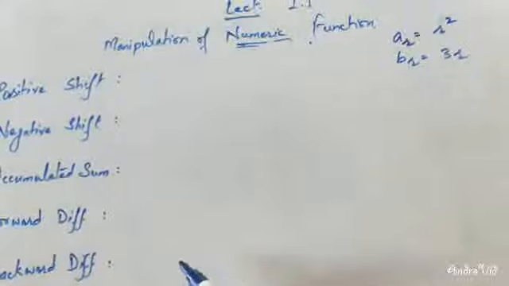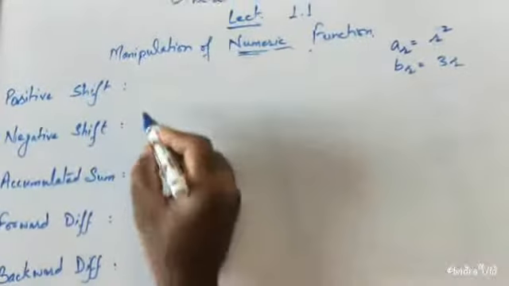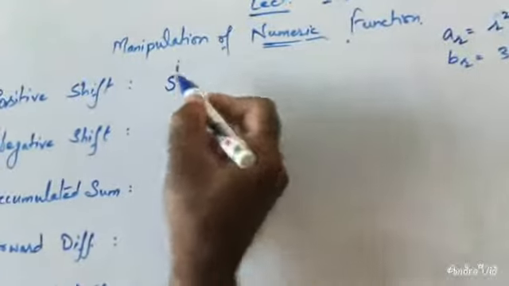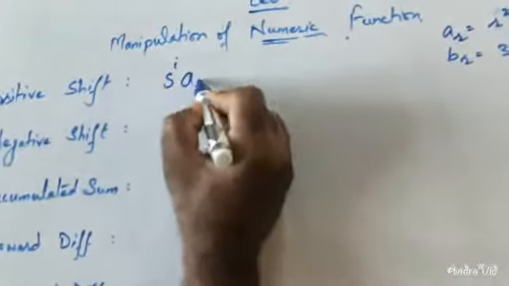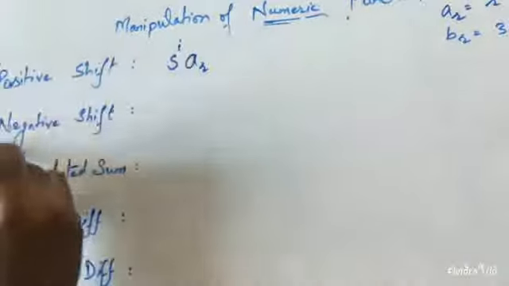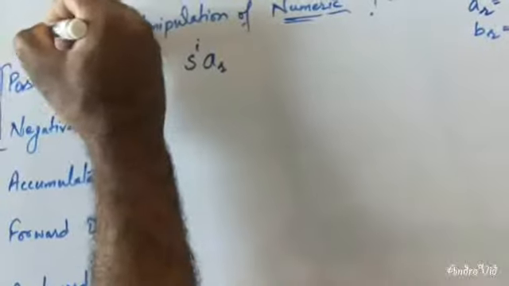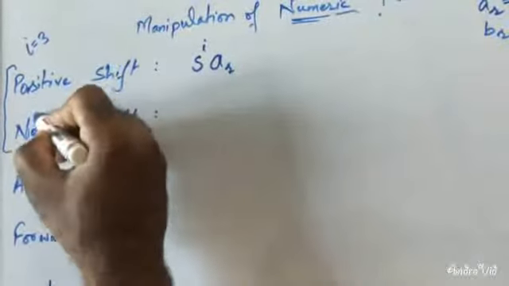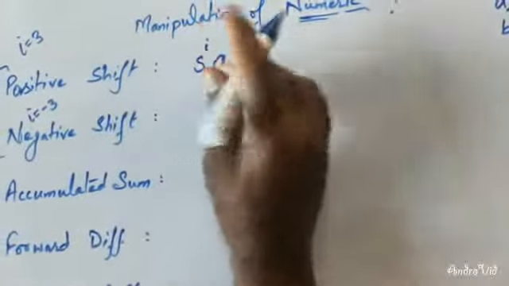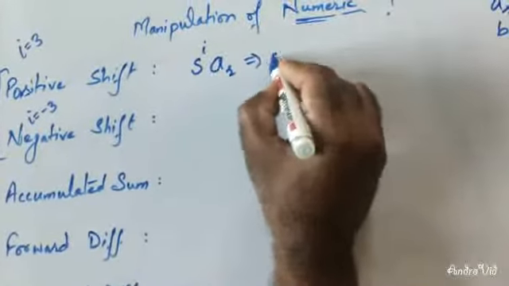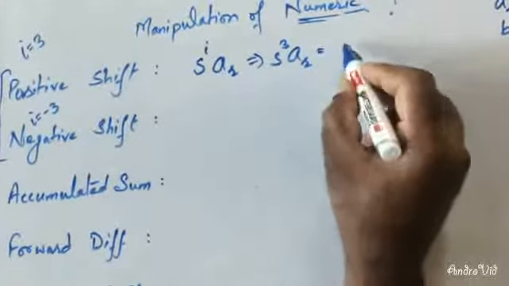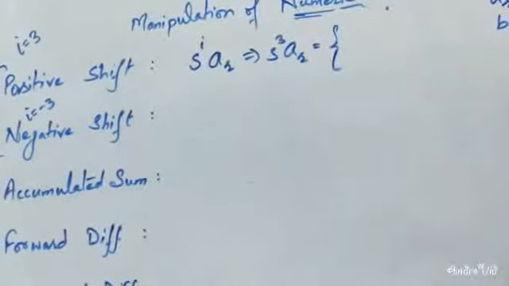Other manipulations on these functions are positive shift, and positive shift is represented with the help of S i, where i is some positive number, of a(r). So if i is, for both examples, positive shift and negative shift, if i equals 3, and in negative shift i will be minus 3. So we will be representing S3 of a(r) as the shifted value of a(r) by 3 steps.